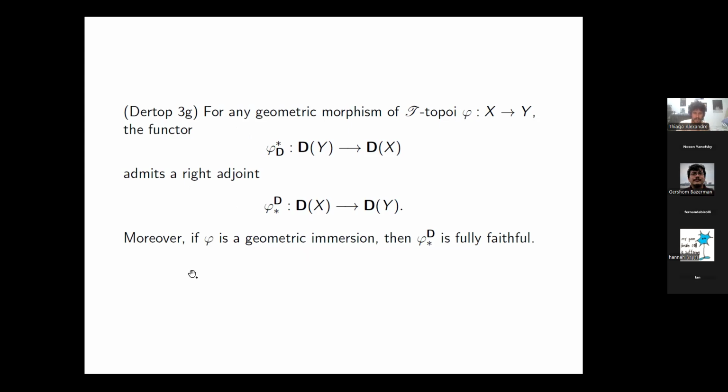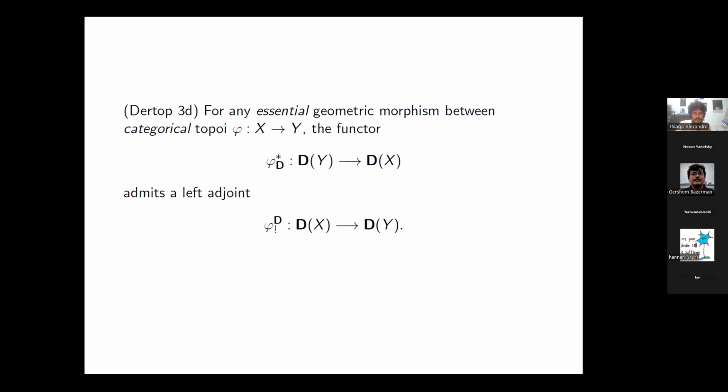But here I assume this extra condition: if phi is a geometric morphism, then this direct image is fully faithful.